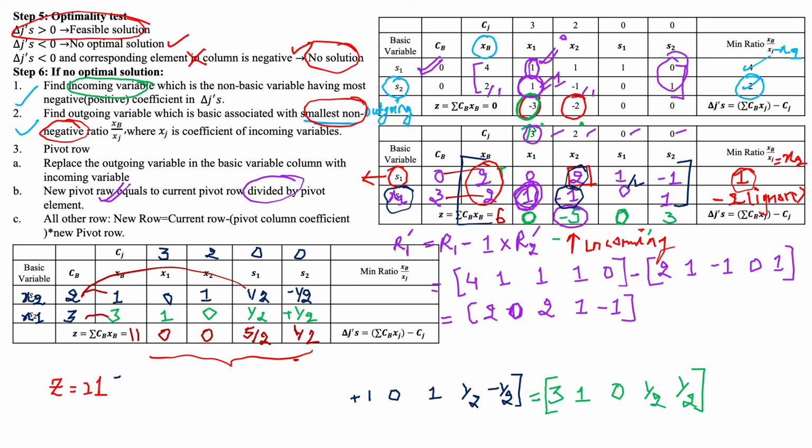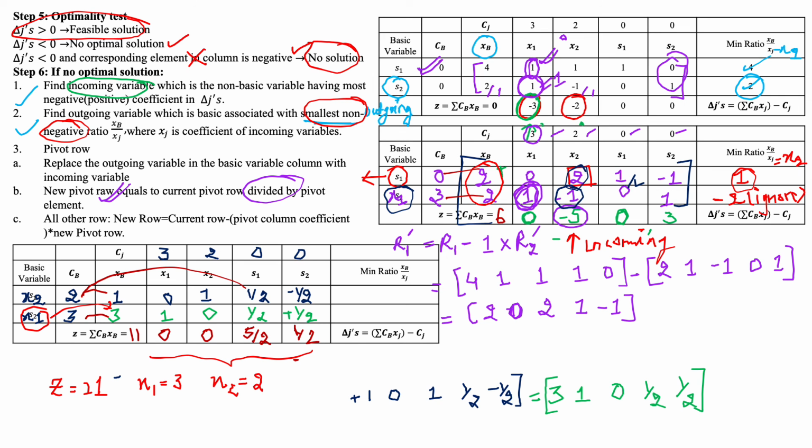The optimal solution for that is x1 new value is 3, because these are the values of the basic variables. What are my basic variables? x1 and x2. So x1 is equal to 3 and x2 is equal to 1.